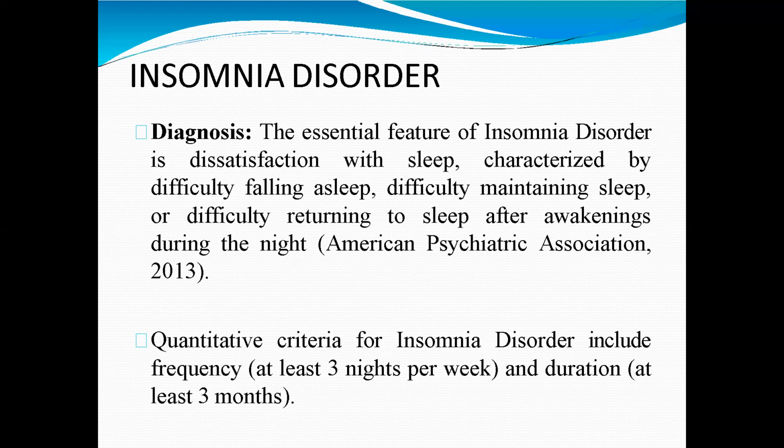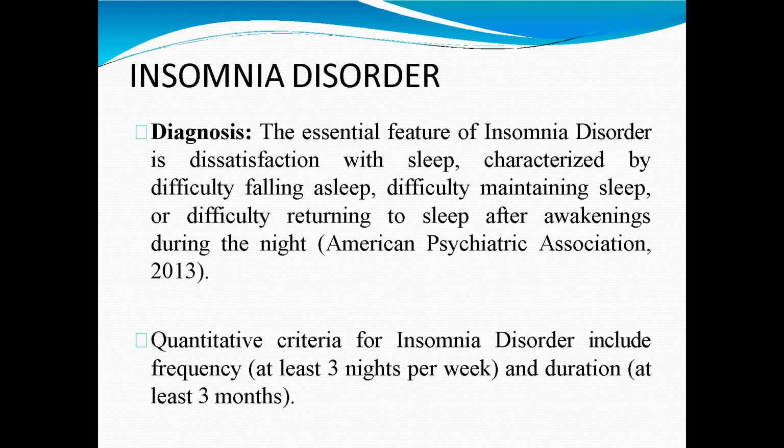There is also a quantitative criterion for the frequency. When do we call it insomnia? For a few days we may not get sleep normally, and that's a common thing.